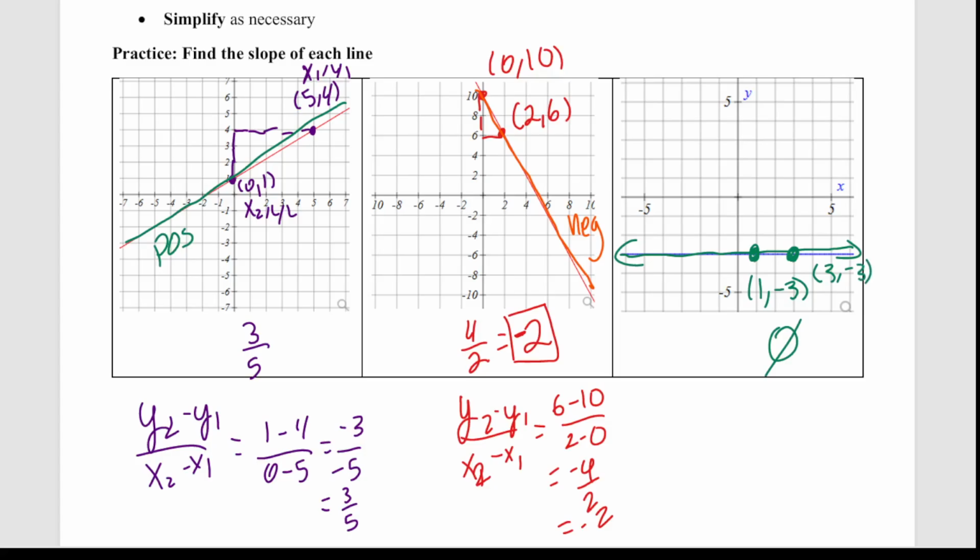So for these, our rise was 0, our run was 2, which does indeed simplify to 0. Or we could formally plug in negative 3 minus negative 3 over 3 minus 1. Negative 3 minus negative 3 gets us 0. 3 minus 1 gets us 2. And that does indeed simplify to 0. So we are good.